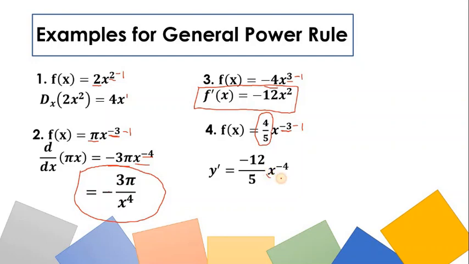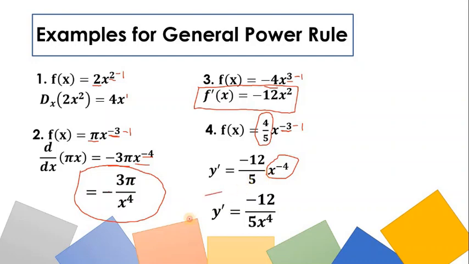Obviously, observe this one, I have an exponent which is negative. What I did with example number 2, I have to convert or get the reciprocal or put that one in the denominator. So by putting that one in the denominator, it will become negative 12 over 5x to make it positive.